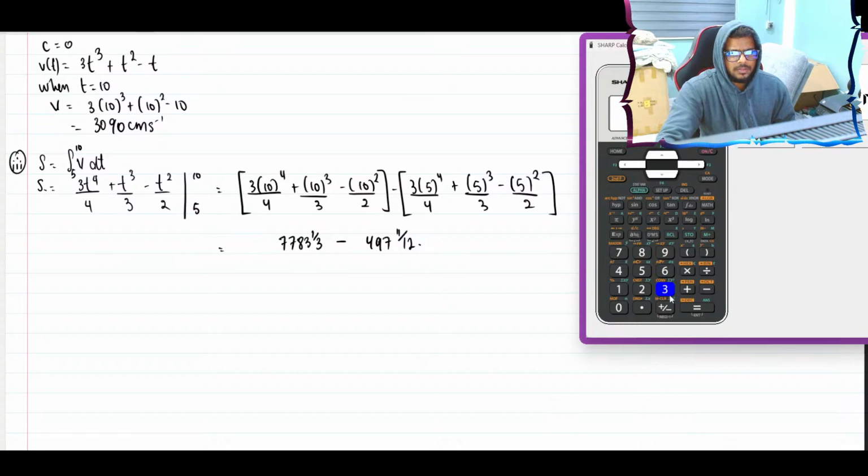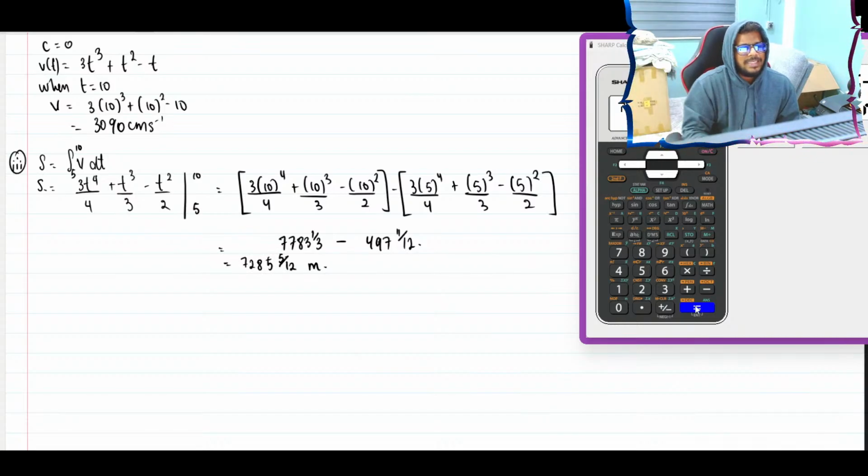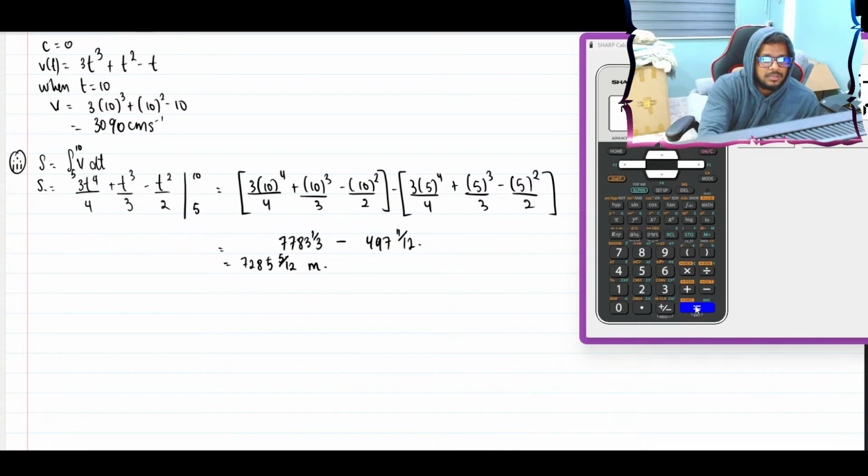So 7783 and 1/3, take away 497 and 11 over 12, gives 7285 and 5 over 12 centimeters. It's a really weird number.